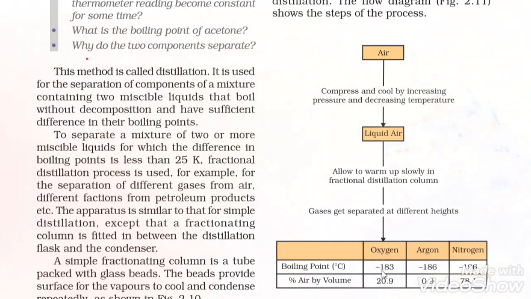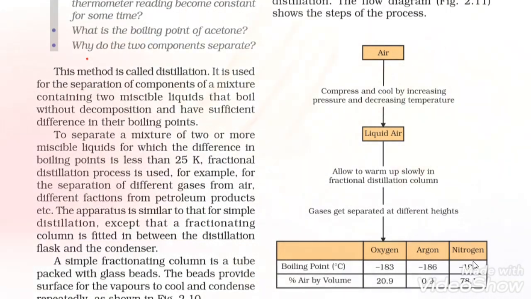Oxygen has -183 degrees centigrade, argon has -186 degrees centigrade, and nitrogen has -196 degrees centigrade. This difference in boiling temperature helps us to separate the different components of air.